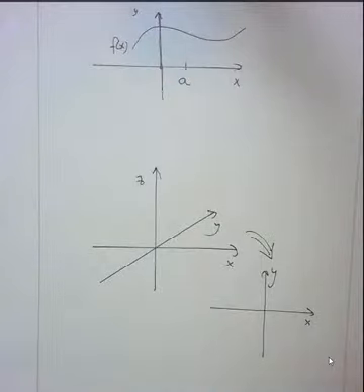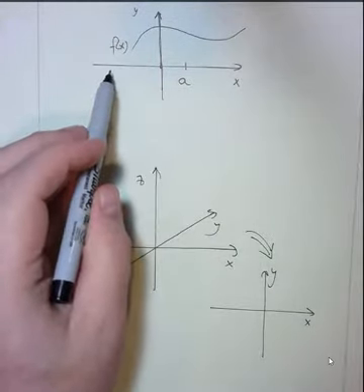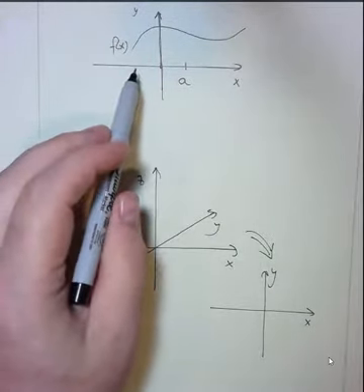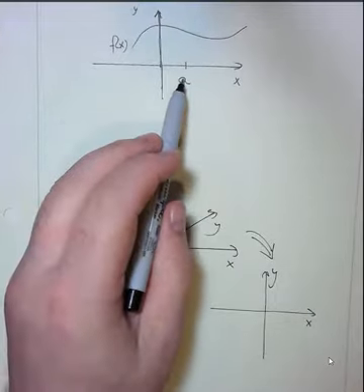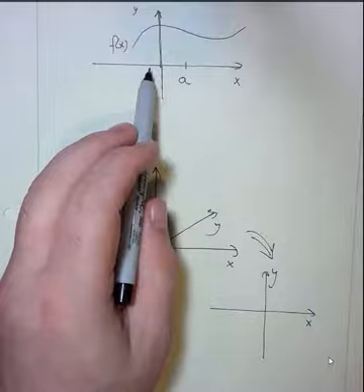From Calc 1, you should remember that there are 2 component limits to this problem because we can approach x equals a from 2 directions. The x-axis represents the domain, the set of all values that we are allowed to plug into this function, and a is our target point, and within this domain we can approach a from 2 different directions.